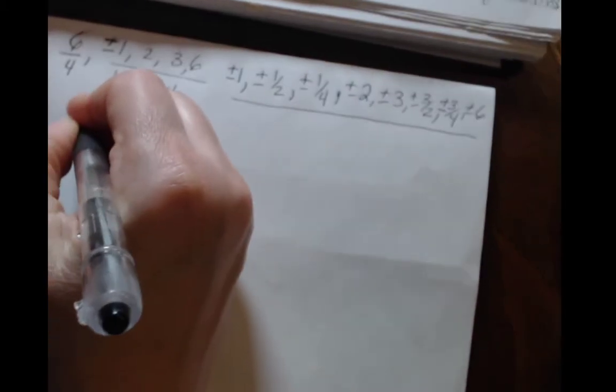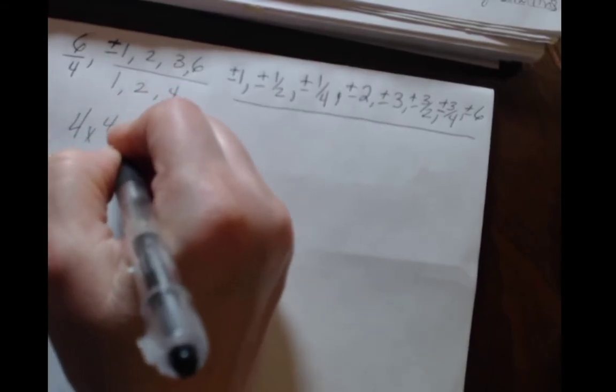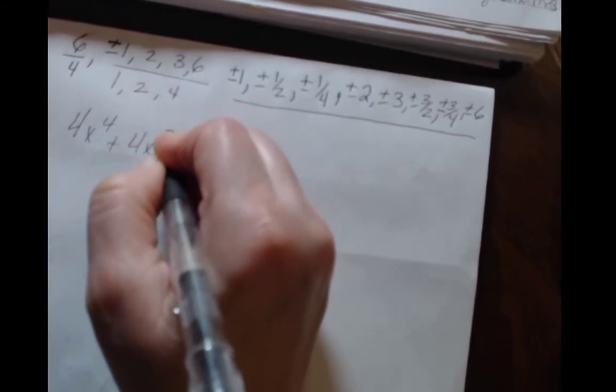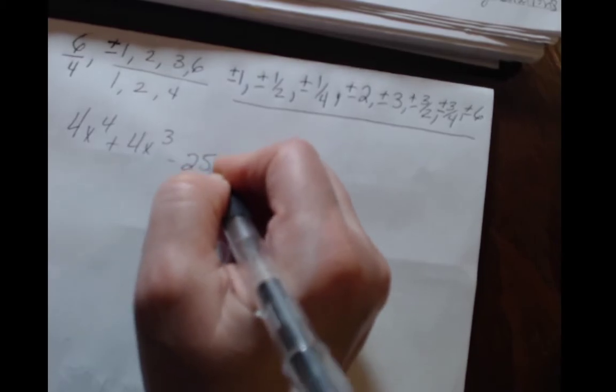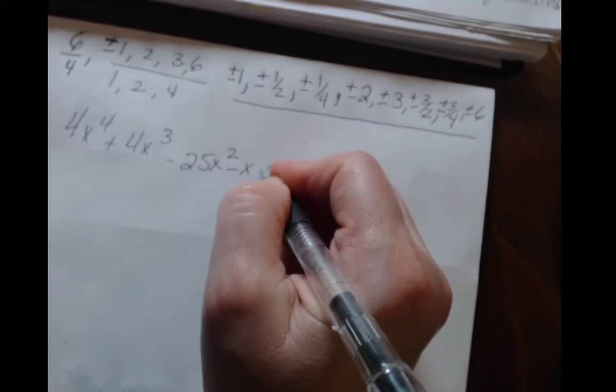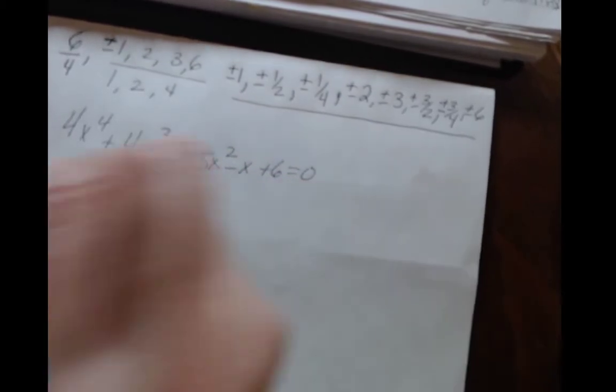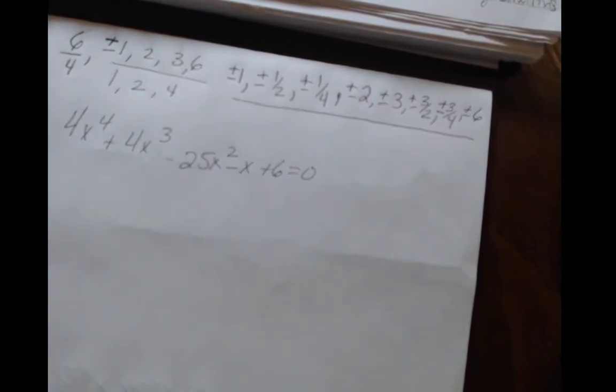So our polynomial again was 4x to the 4th plus 4x cubed minus 25x squared minus x plus 6 equals 0. I kind of prefer synthetic division, but if you have a good calculator where you can just change the x that you're plugging in, just change that one number, or a spreadsheet program, that's really nice, if you know how to do that.